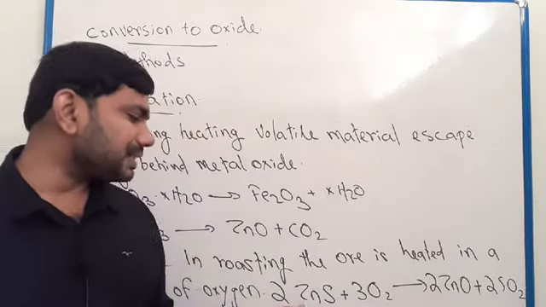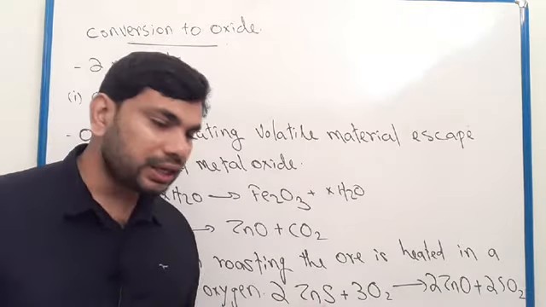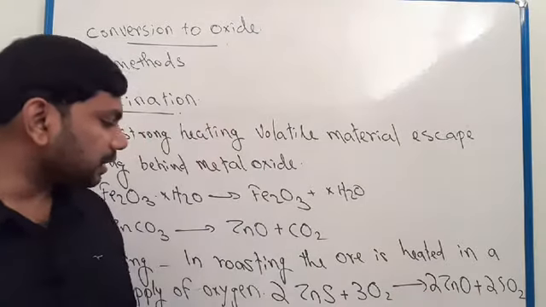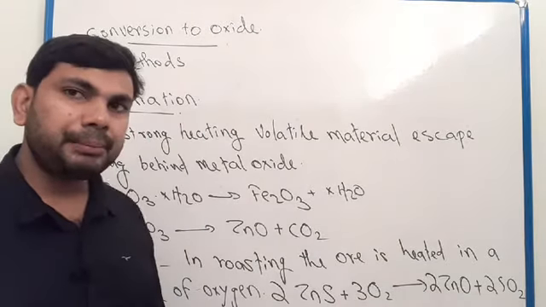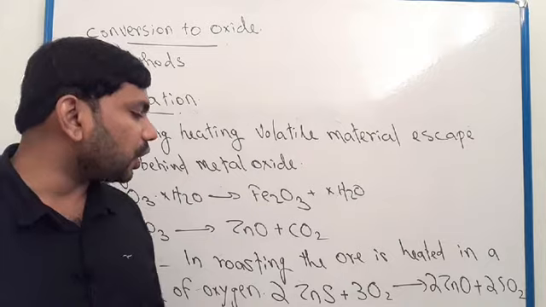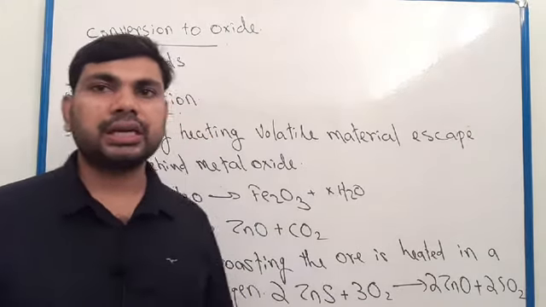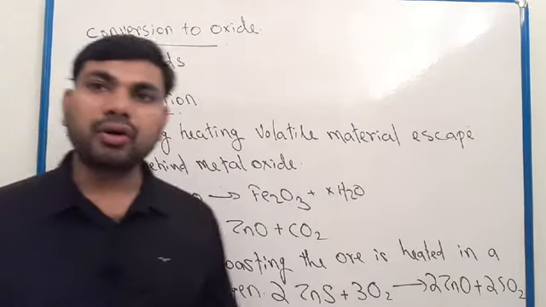Another one, lead sulfide, PbS, on strong heating gives lead oxide and sulfur dioxide. This method is called roasting.